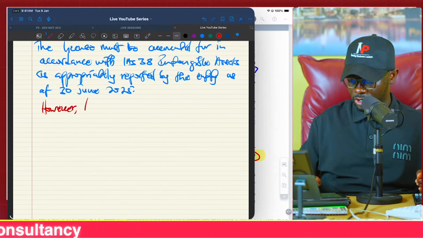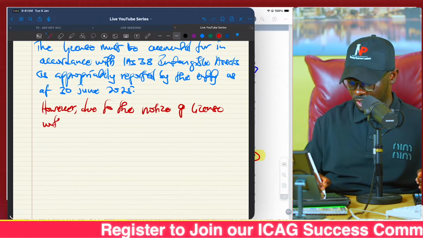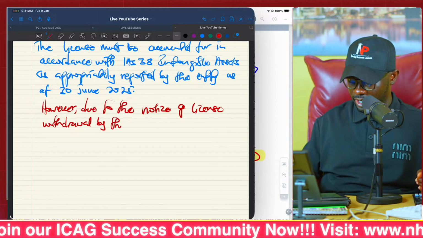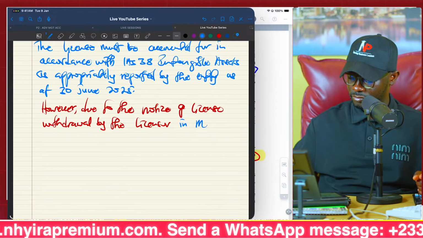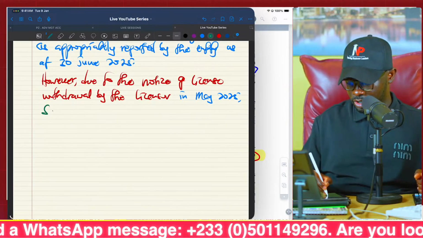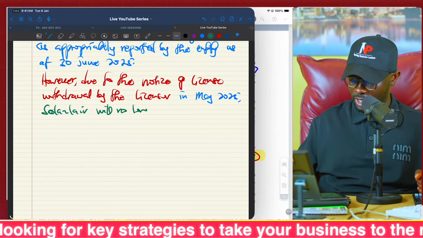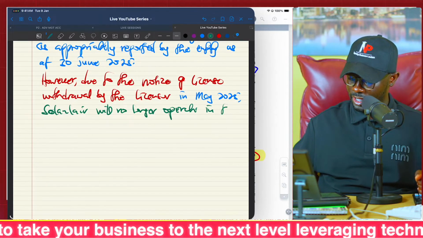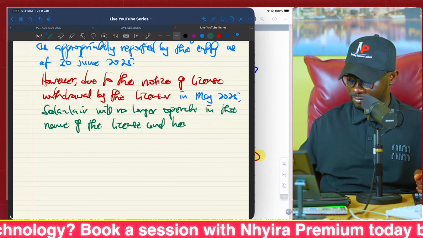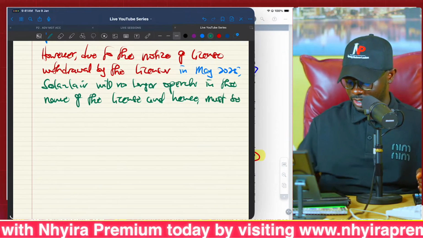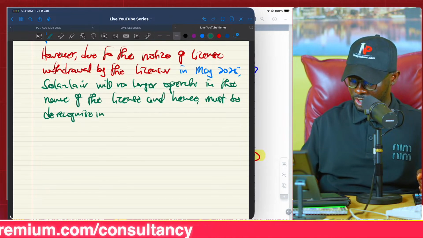However, due to the notice of license withdrawal by the licensor in May 2025, Solon Air will no longer operate in the name of the license and hence it must be derecognized in the financial statement.